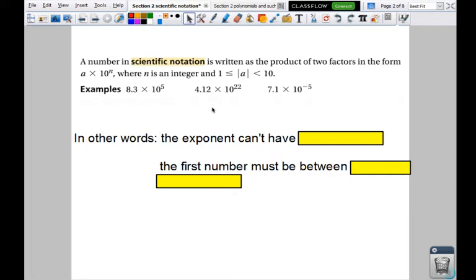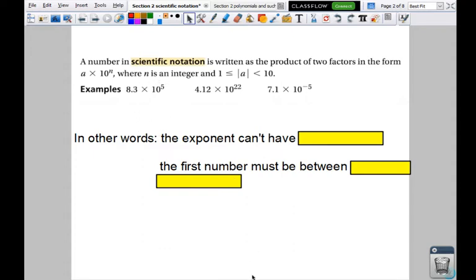Scientific notation is written as a product of two factors in the form of a times 10 to the n, where n is an integer, and 1 is less than or equal to the absolute value of a, which is less than 10. Or in other words, you're going to have a number times 10 to something.